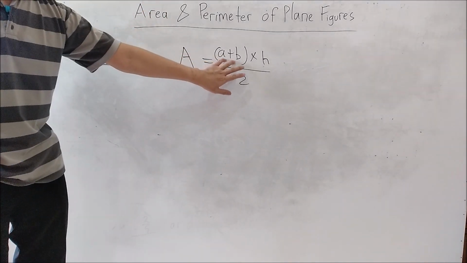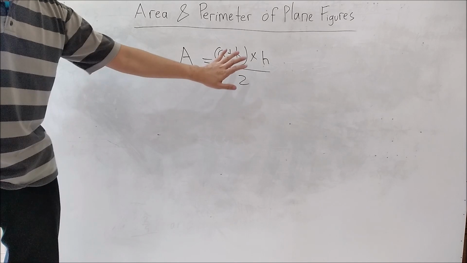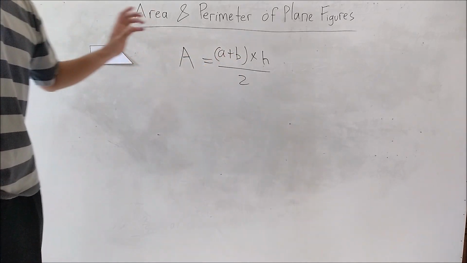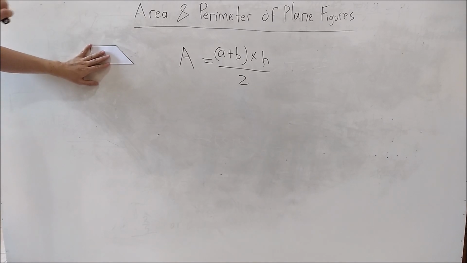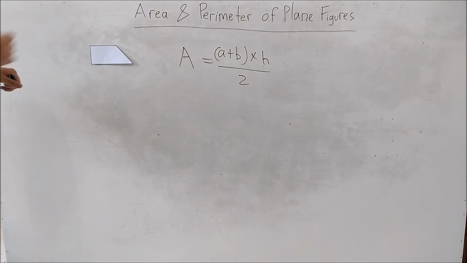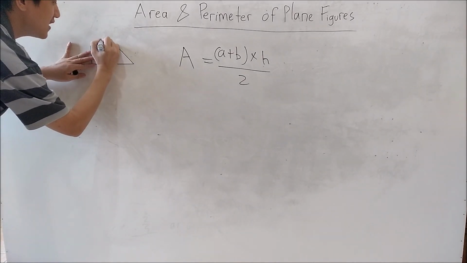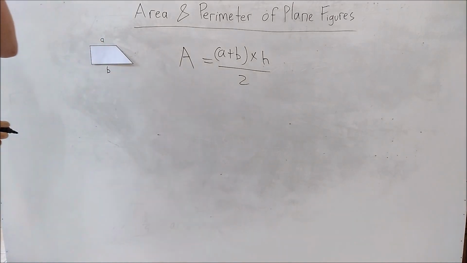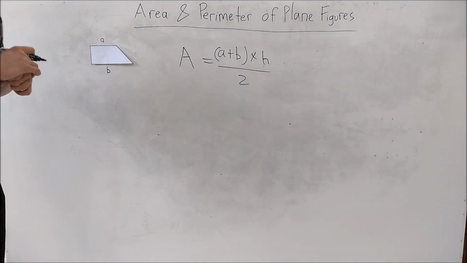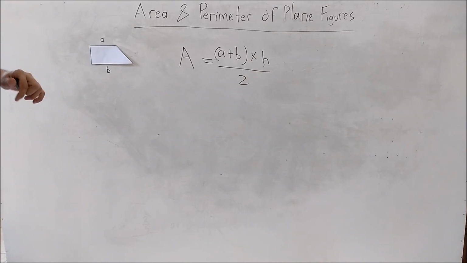This a plus b means the sum of the parallel lines. In a trapezium, there will always be one pair of parallel lines, right? In this case, we have this a and b. However, now I'm going to cut this trapezium like this.